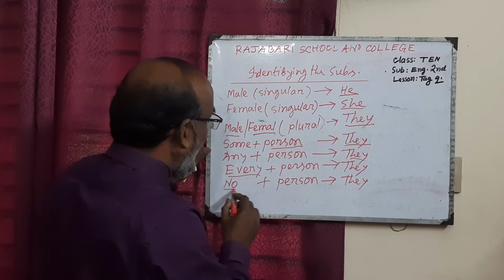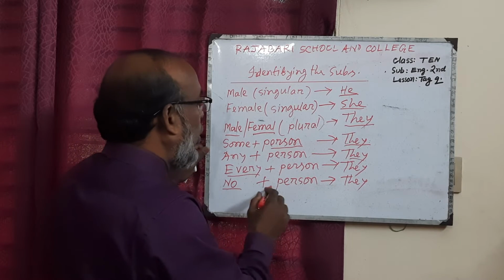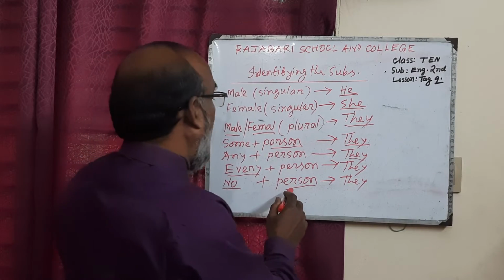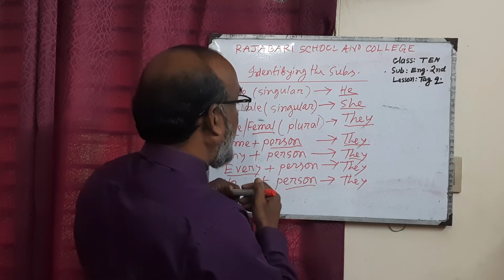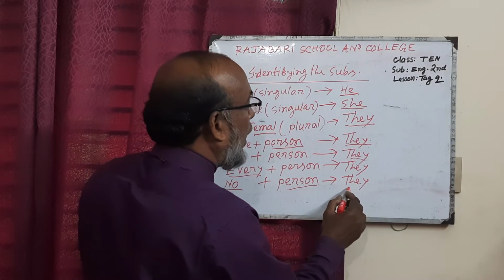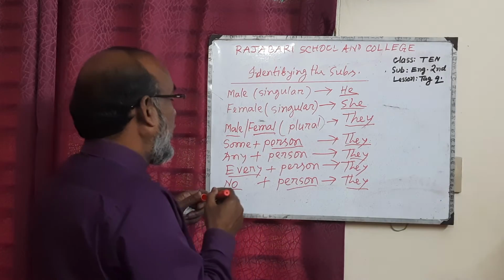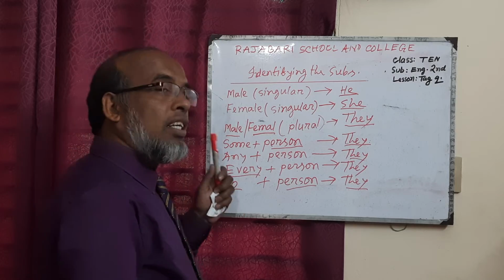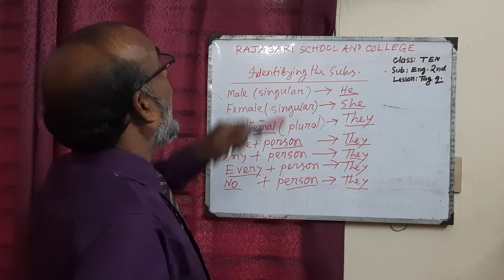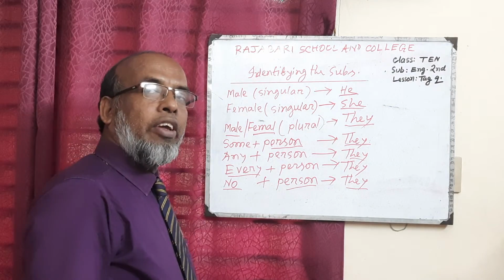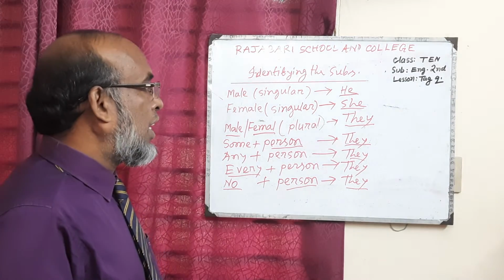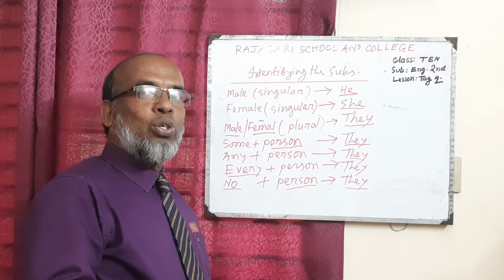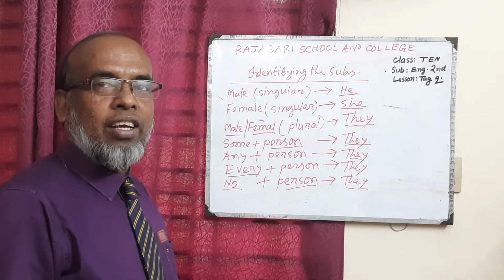And if you see no plus person, that means no student, no boy, no girl, no farmer, etc., then you will use they as subject. Students, I think you have understood identifying the subjects. If you identify the subject and auxiliary verb of a sentence, then you will be able to solve tag questions properly or correctly.